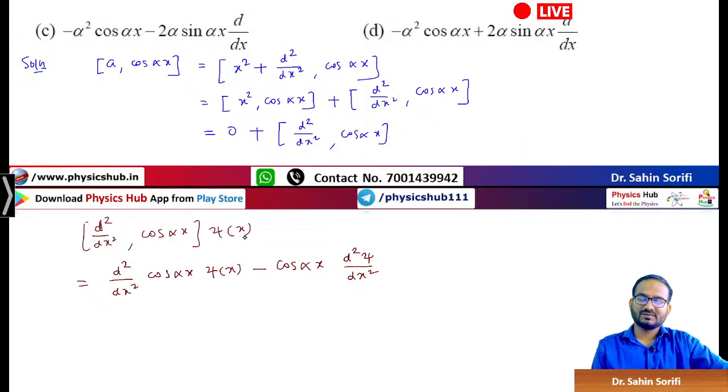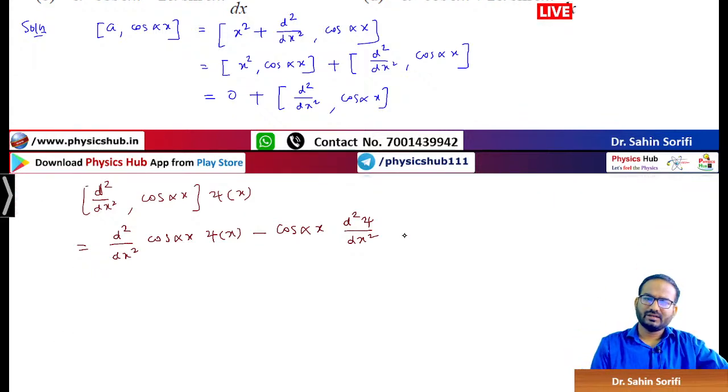Because if psi was not multiplied, then d square by dx square would have been alone. There would have been nothing to apply on. At the end we'll take psi common, and from both sides we will remove psi. So this is equal to.